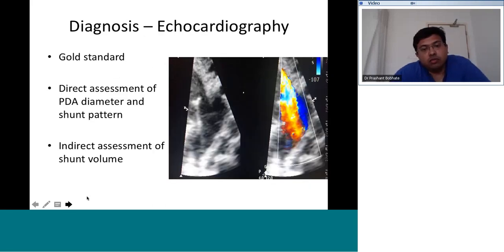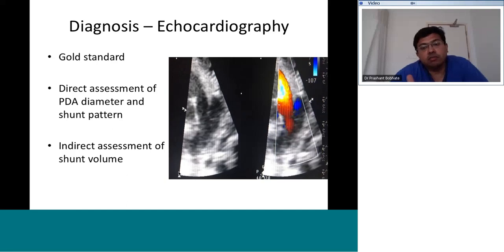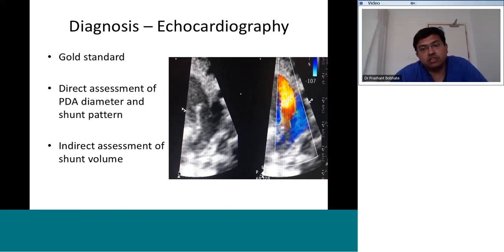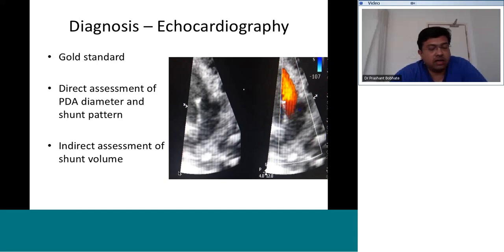So how do we diagnose PDA in the newborn? Basically by using an echocardiogram. If there is a clinical suspicion of PDA, if the baby has tachycardia, signs of congestive cardiac failure, an unexplained murmur, or a ventilator requirement, an echo should be done to see whether the baby has a PDA.